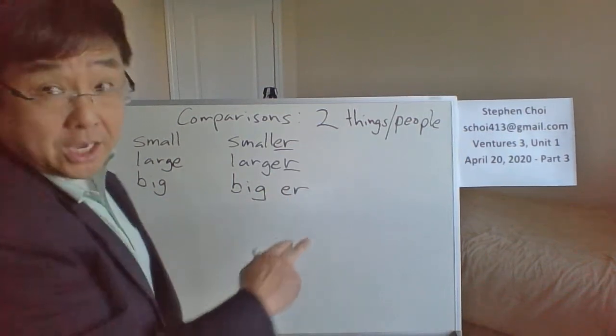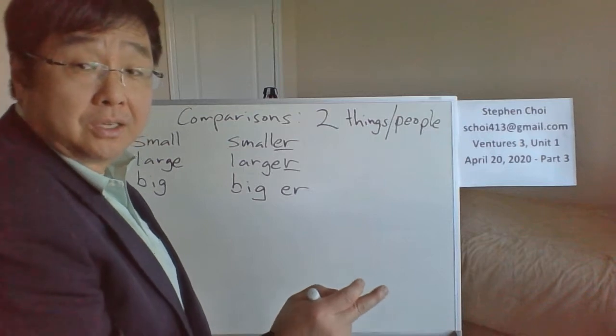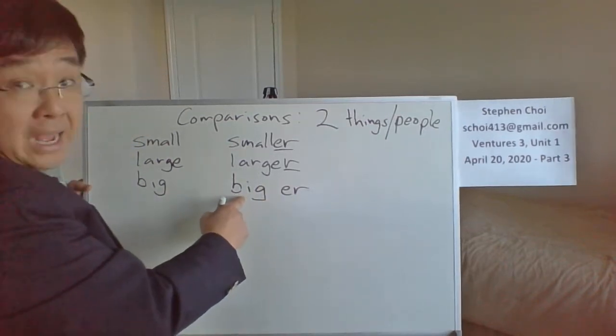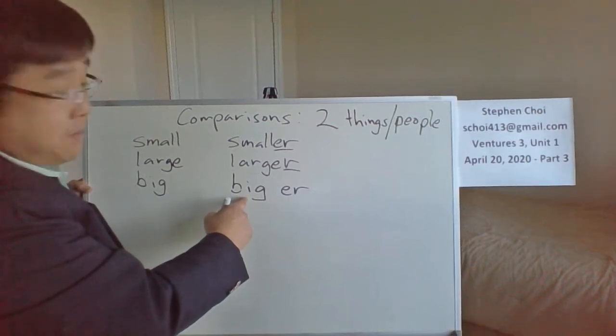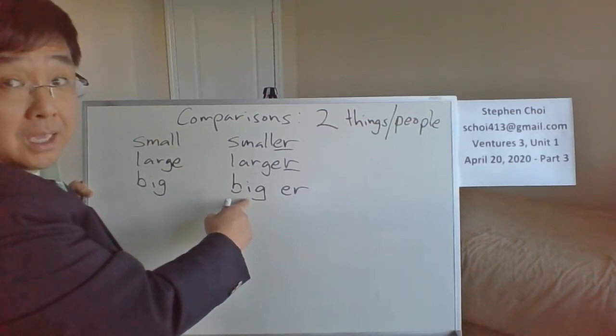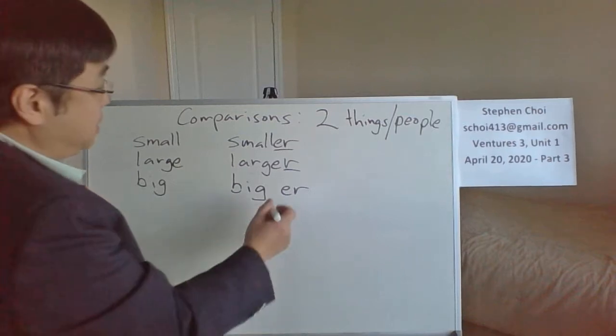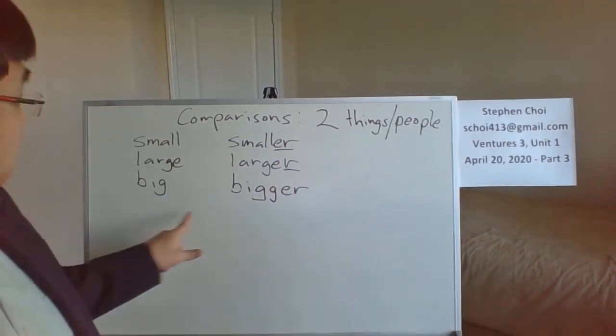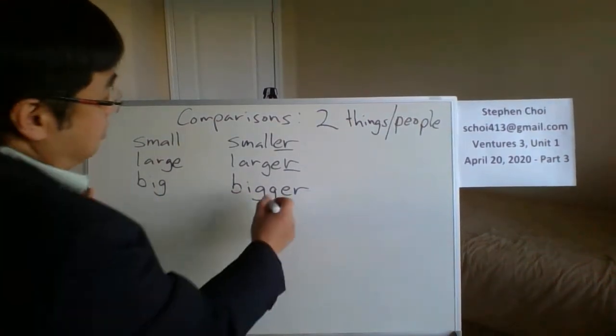Because you don't want biger, like tiger. You wanna keep that I short. You don't wanna make that I a long vowel. So big becomes bigger with an extra consonant there.